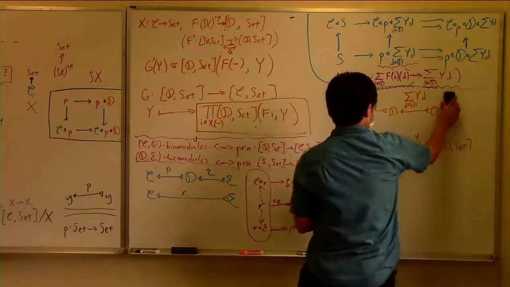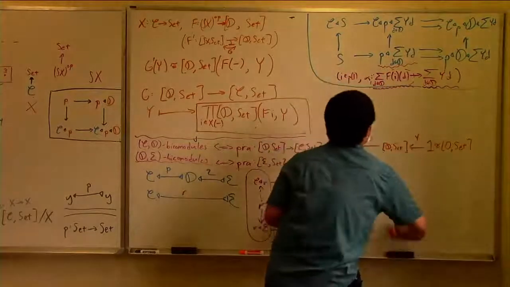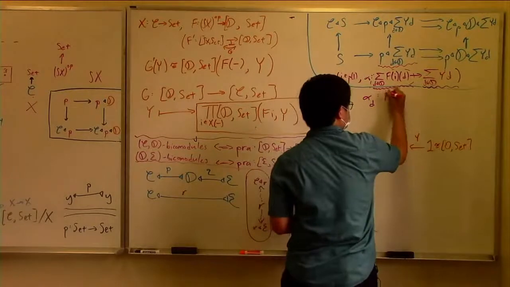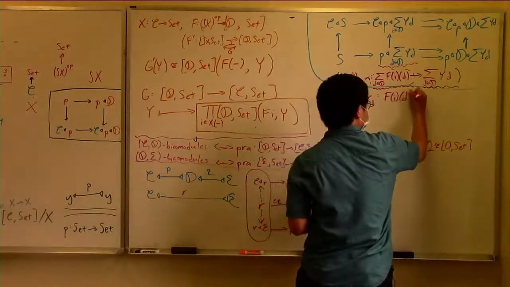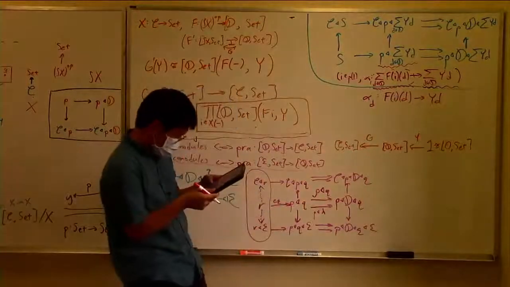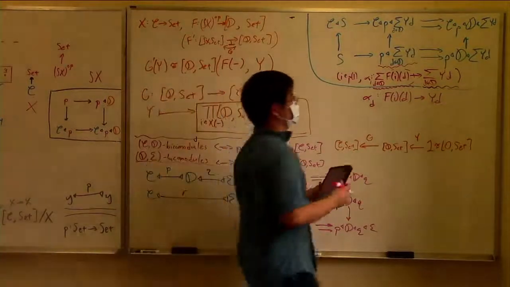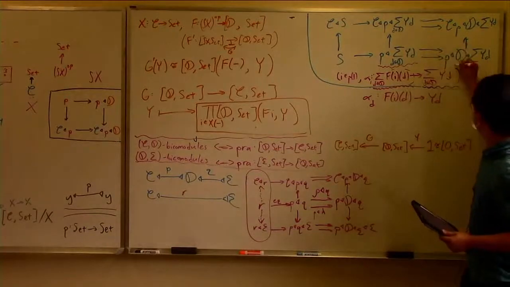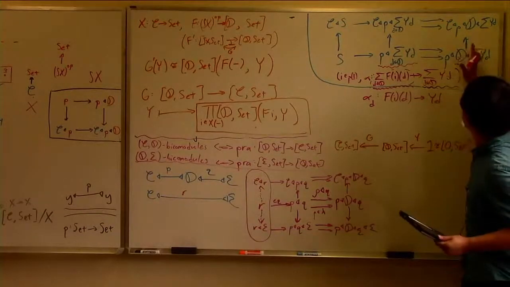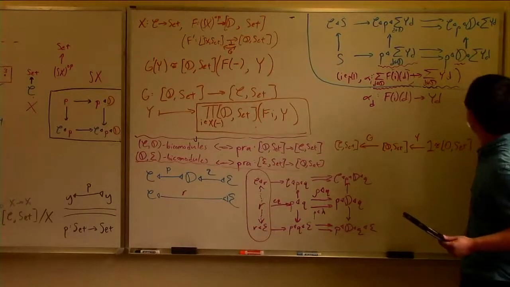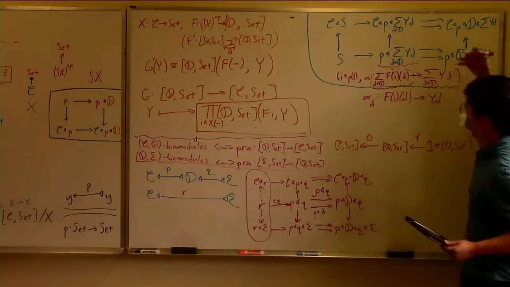And so really you can think of this instead as a bunch of functions, alpha sub D, from F of I of D to Y D. And I believe that is given by the fact that these two morphisms send you to the same element up to here.